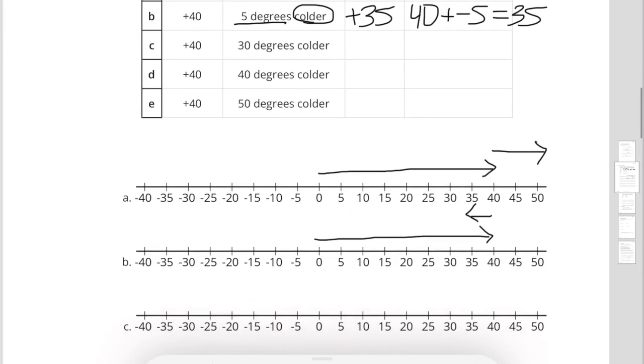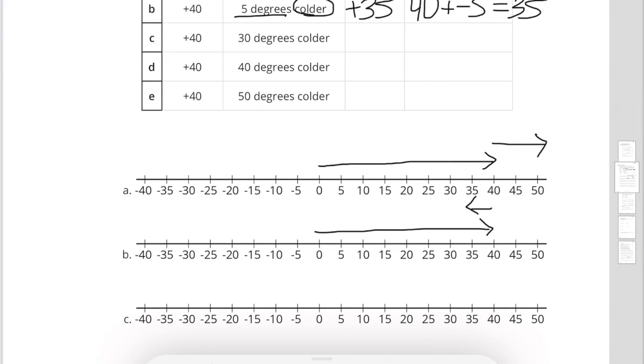On C, 30 degrees colder, and we still start at 40 degrees. So 0 to 40. A change of 30 degrees, and it says colder, so that means I'm moving to the left.